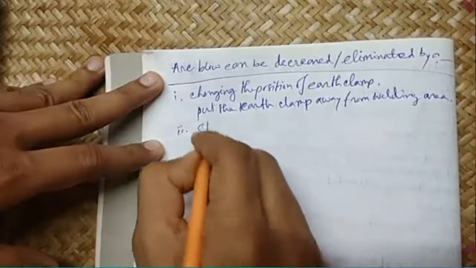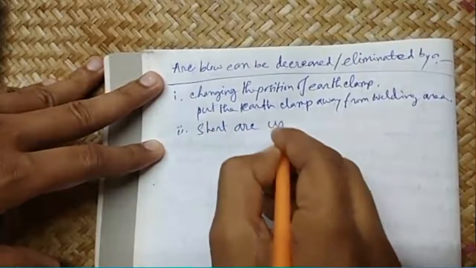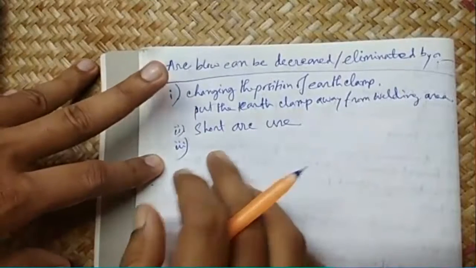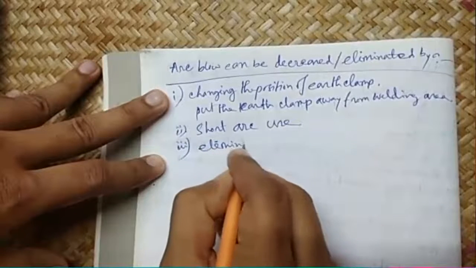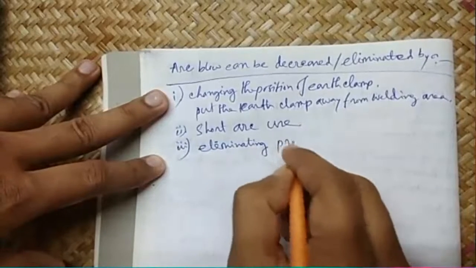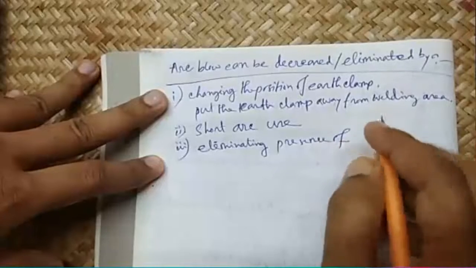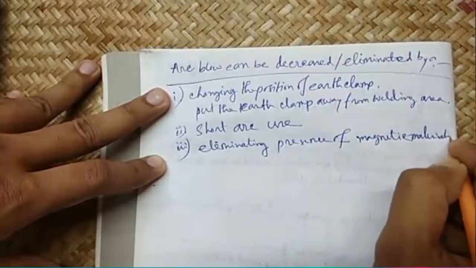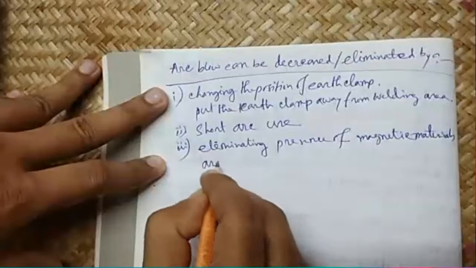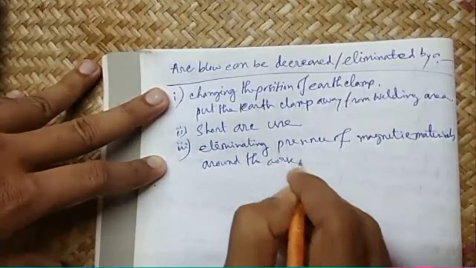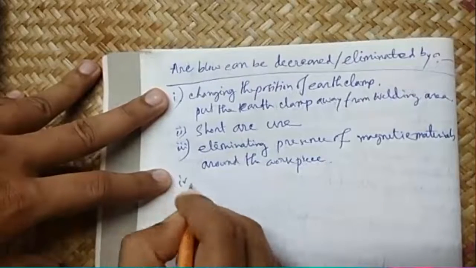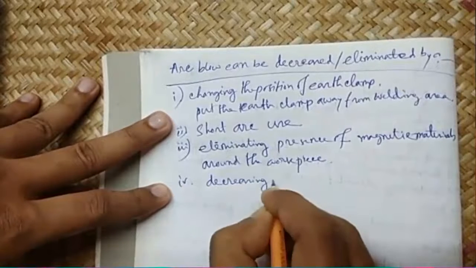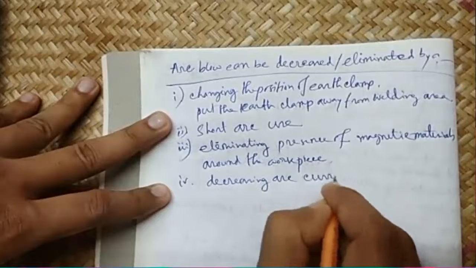You have to produce a short arc. You have to use short arcs, eliminating the presence of magnetic materials around the workpiece. Number 4, decreasing arc current.